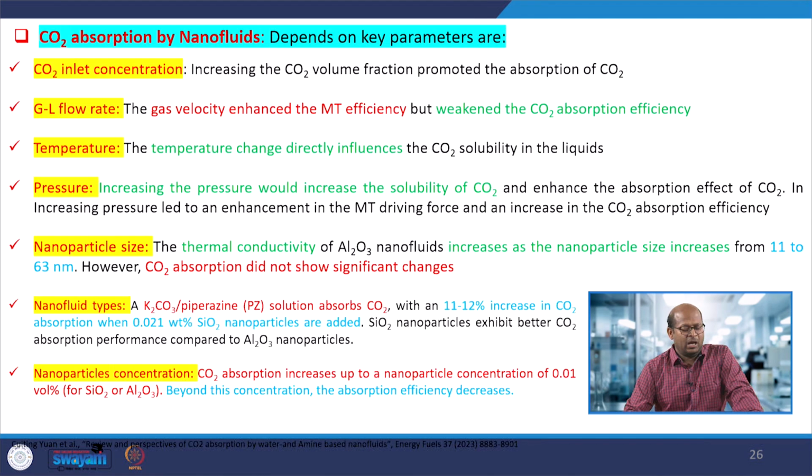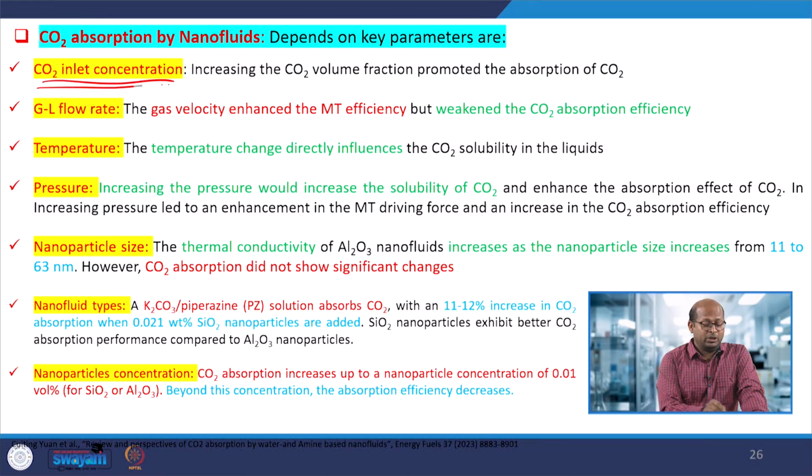Then, if you want to conduct CO2 experiments in any particular reactor, the CO2 inlet concentration is very important. The CO2 present in the flue gas or any gas has to be separated out, so that concentration is very crucial. If we use a very low or high concentration, the adsorption of CO2 in the fluids or nanoparticles would vary.